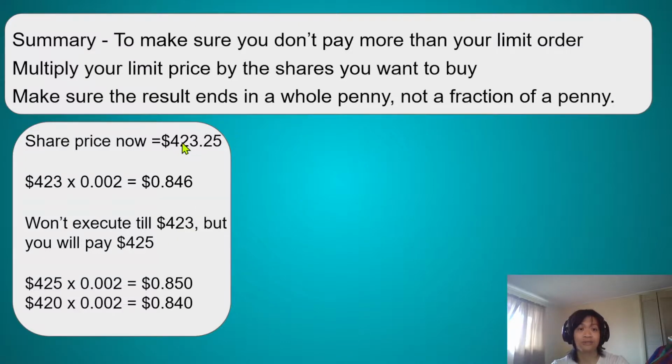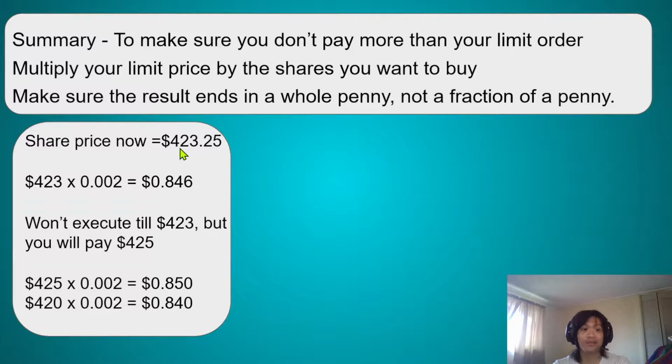So it would have to go from 423.25 to 423. But once that does execute, you will pay a price of 425 since they cannot execute it perfectly at 84.6 cents. They have to round up to 85, so it's going to be this price, 425.